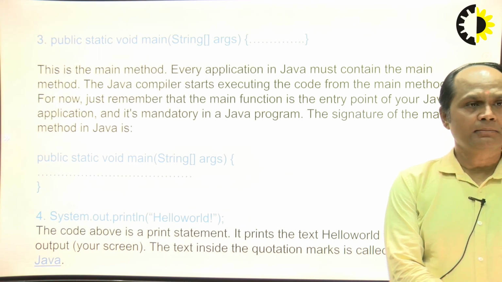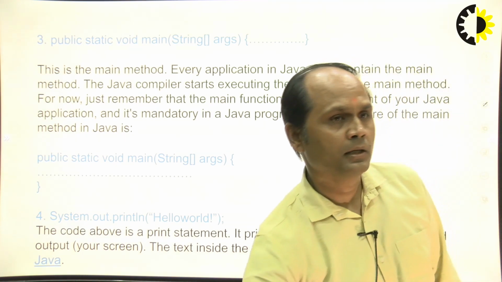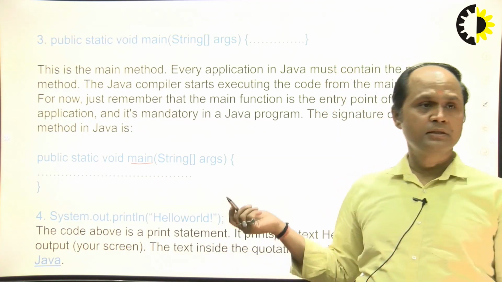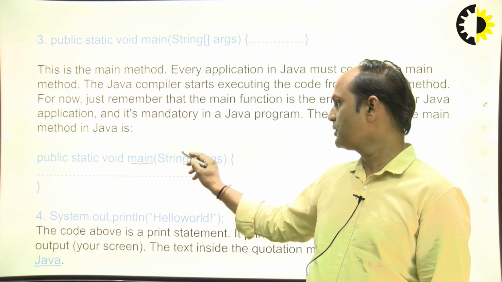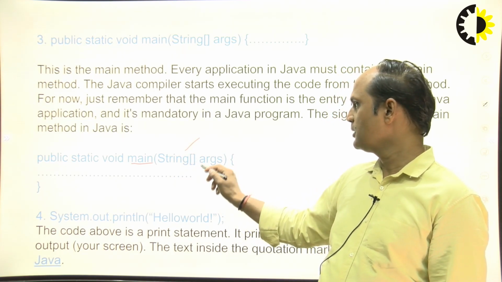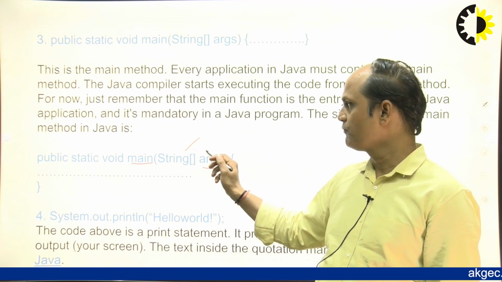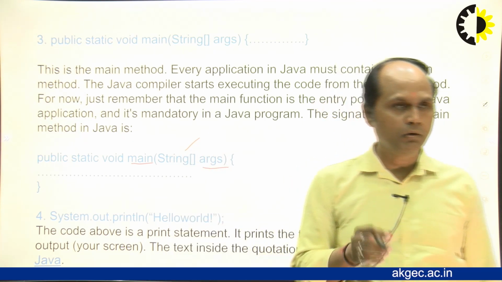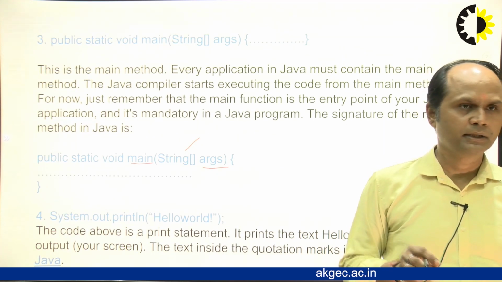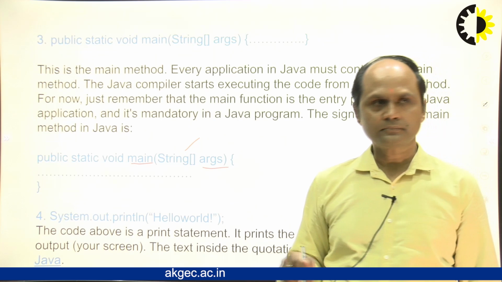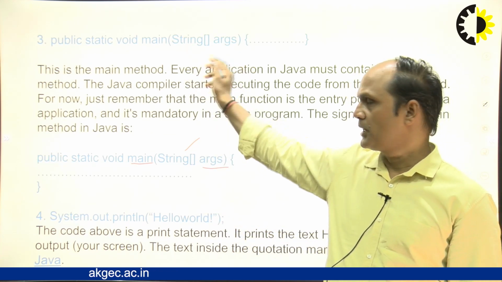Void is the return type, and main is the main method from which execution starts. String is the data type of the arguments. Args means arguments. We can pass all data in the form of strings in Java. This is all about public static void main.